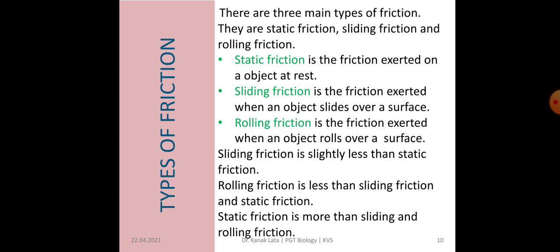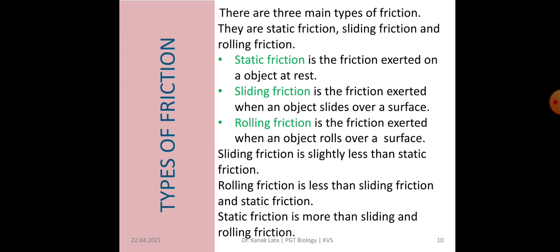It is due to static friction. So static friction is the friction exerted on an object which is at rest. That is why we feel heavy, or we feel uneasy, to move the box which is at rest.